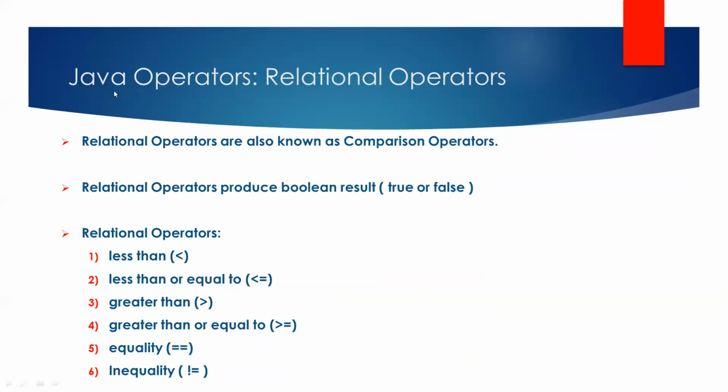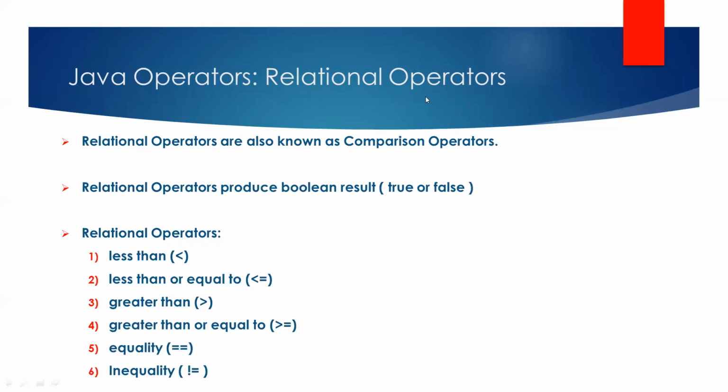Now, the relational operator. One note for the relational operator is, we can say it is the comparison operator. We compare two expressions, or we can compare two values. So the relational operator always returns the result in the form of true or false.